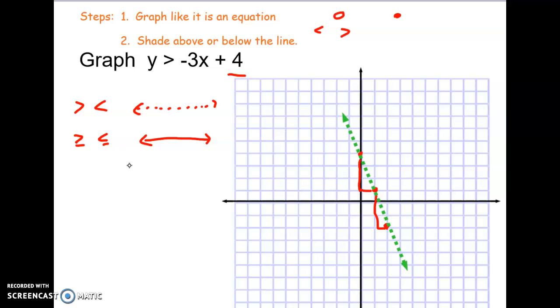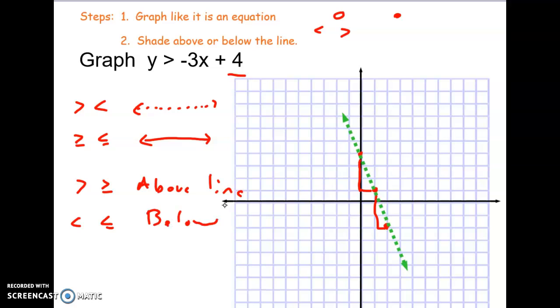Then the final step is, do we want to shade above or below the line? If we have something that's greater than or greater than or equal to, we go above the line. If we have a less than or less than or equal to, we go below.